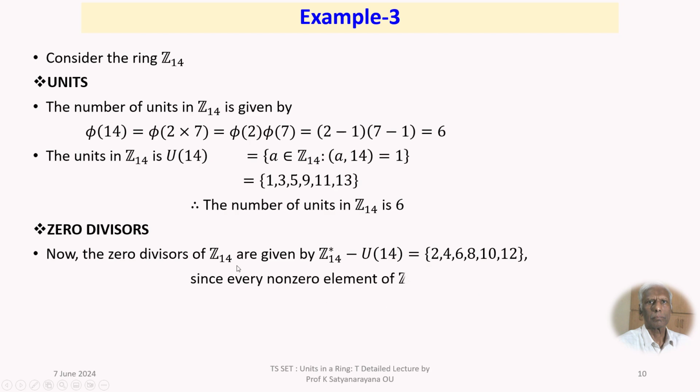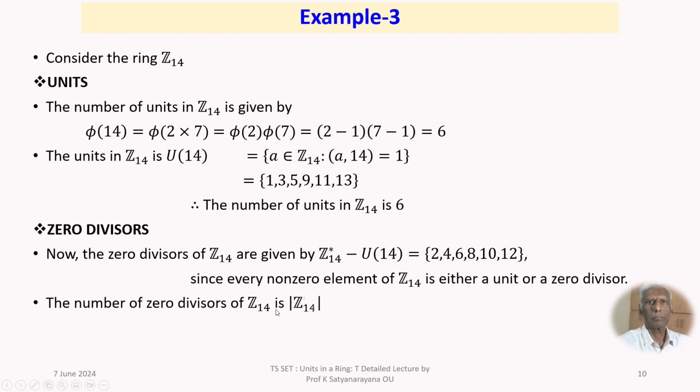And since in Zn every non-zero element is either a unit or a zero divisor, we have subtracted the units and the remaining ones are zero divisors. Now the number of zero divisors of Z14 is the order of Z14 star minus the order of U14.